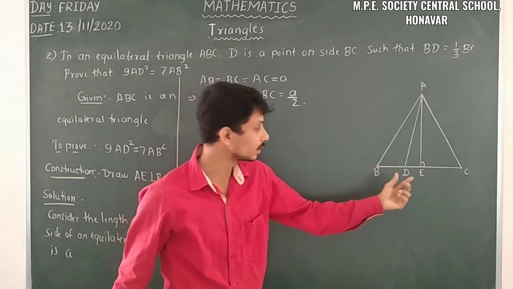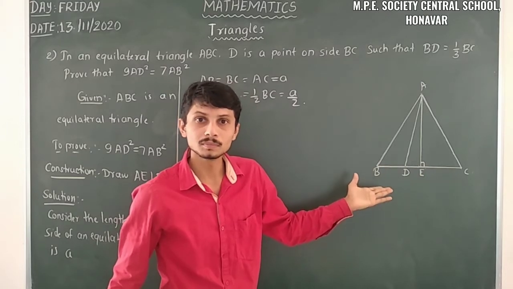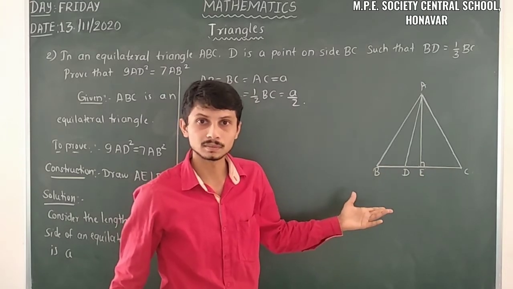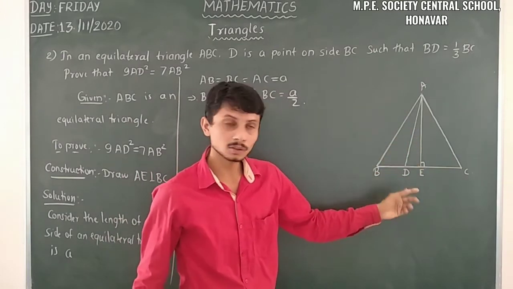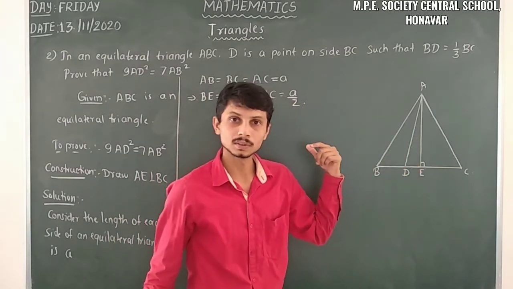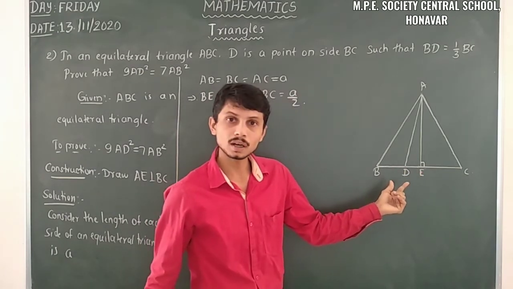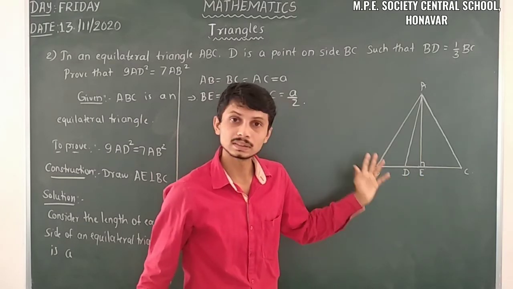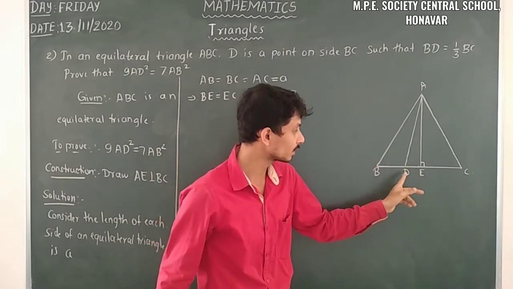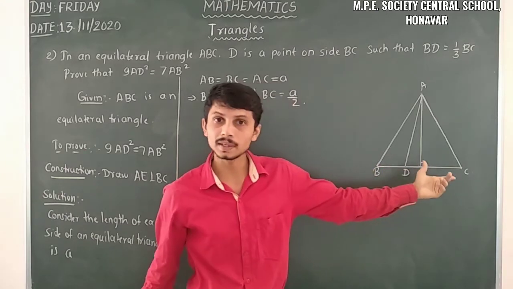So here we want DE and AE. For that we have to do some calculations here. Yes. So then we want AE also, and we want DE also. So here just observe DE. So we have to subtract EC and BD from the complete side BC.